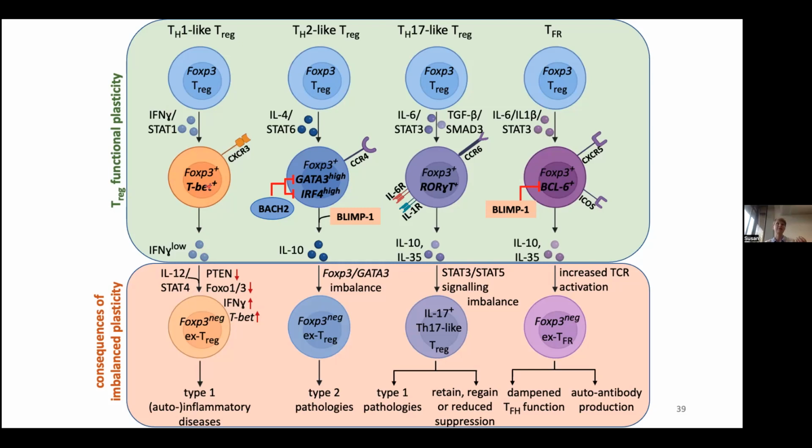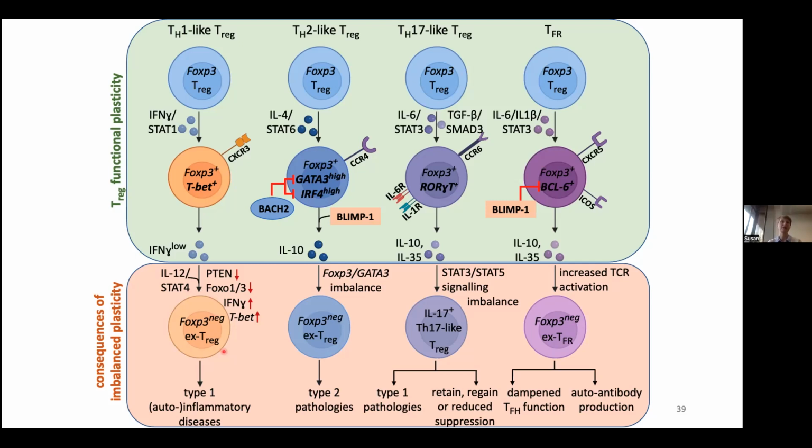But if the pro-tolerogenic program driven by FOXP3 and the partial pro-inflammatory transcriptional profile driven by the respective T helper transcription factor are unbalanced in favor of the latter, then this can result in Treg and X-Treg.